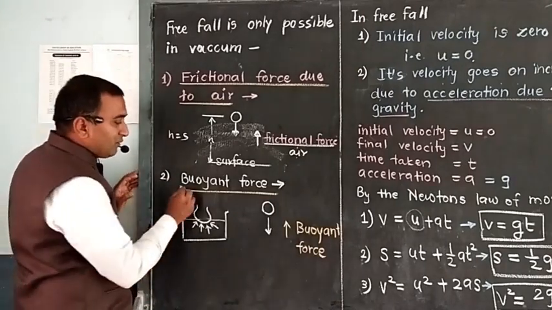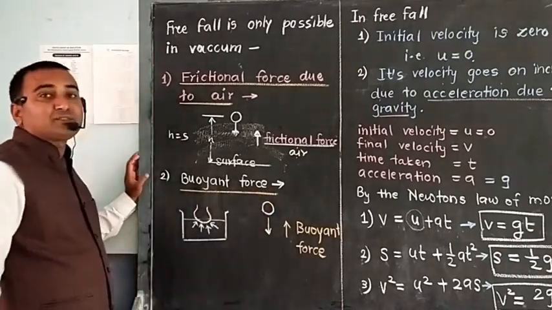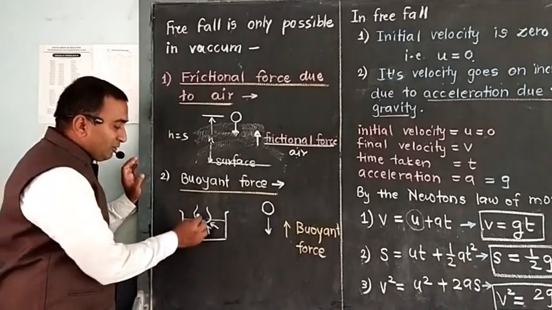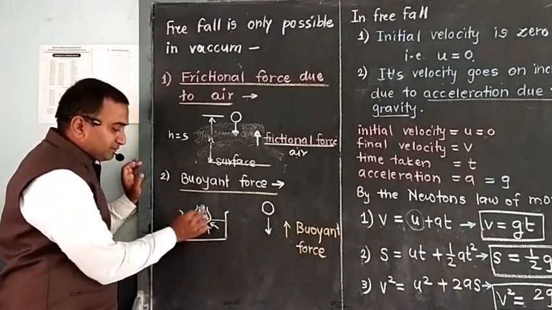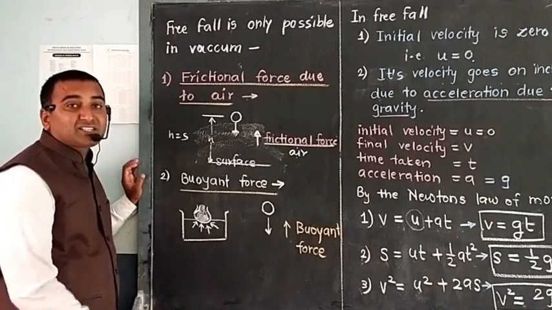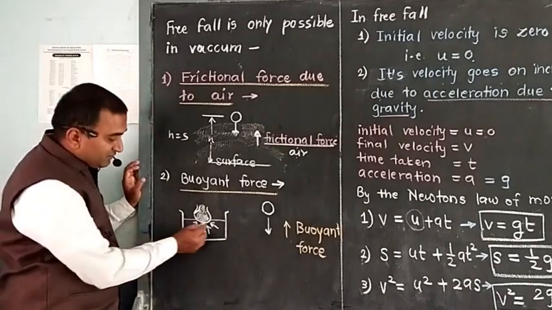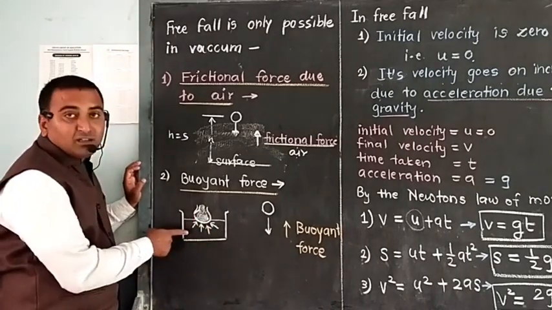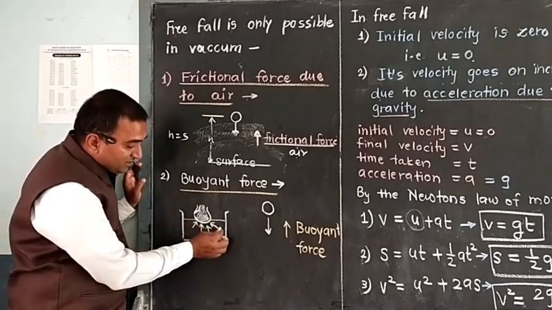Again, one more point is there, buoyant force. See, what is buoyant force? When any object is immersed partially or totally, here in this picture I have shown the object is partially immersed in the water.